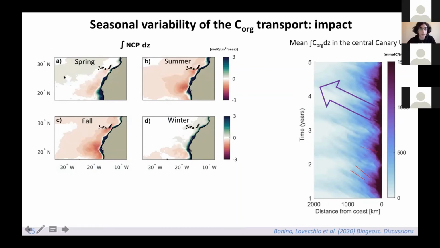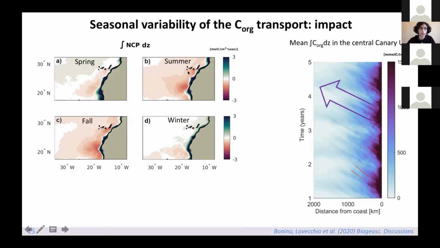The result of this plot will be a combination of local processes, such as, for example, the North Atlantic spring bloom or the stratification of the water column, and of the organic carbon that is getting there through this lateral relocation of the organic carbon from the North African coast.